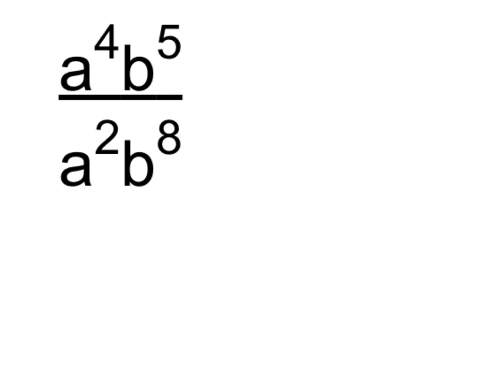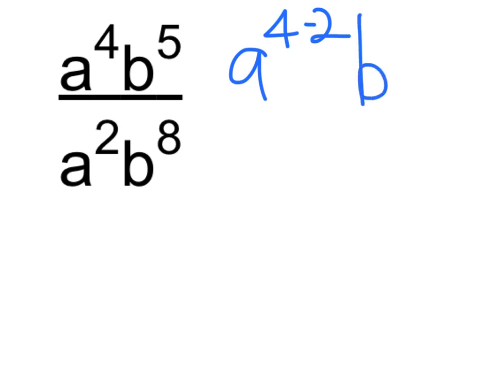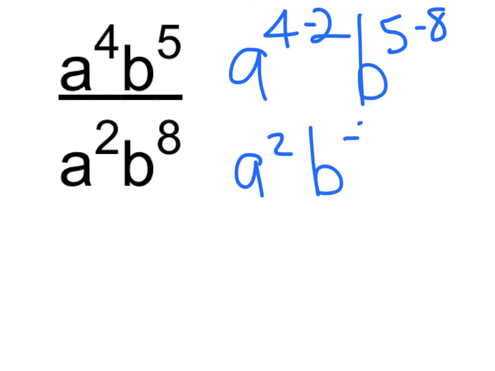Here we've got our last problem of the day. This is again a division problem, so we're going to be subtracting these exponents. I'm going to do a, 4 minus 2, and then b, our second set of variables, 5 minus 8. So I know that 4 minus 2 is simply 2, and 5 minus 8 is negative 3.